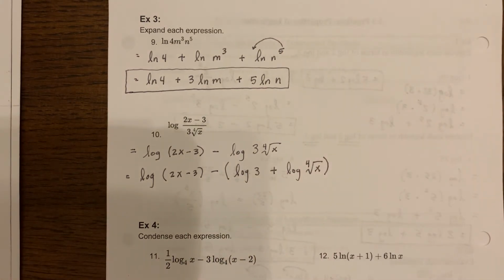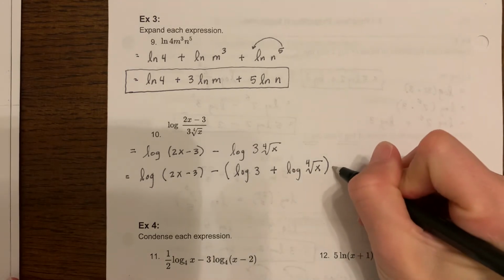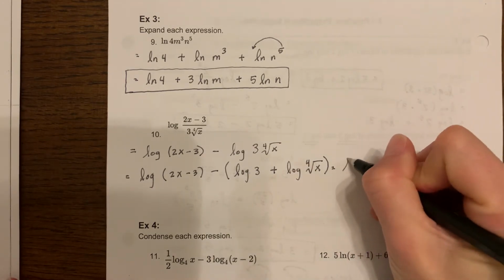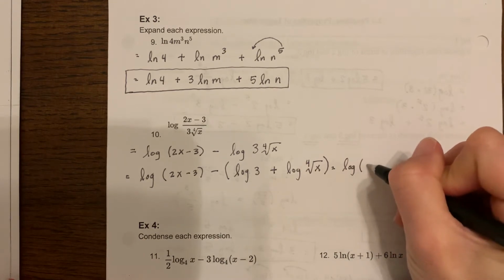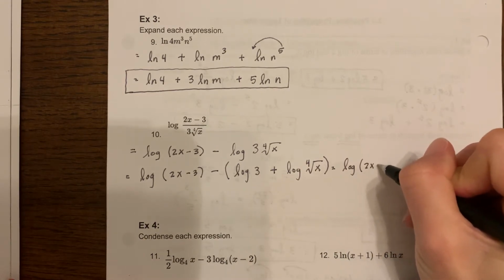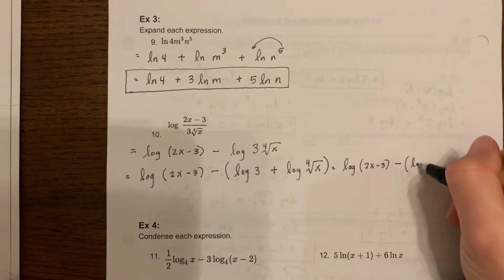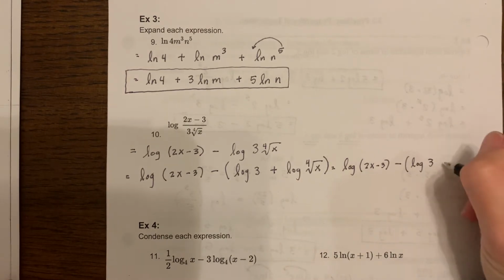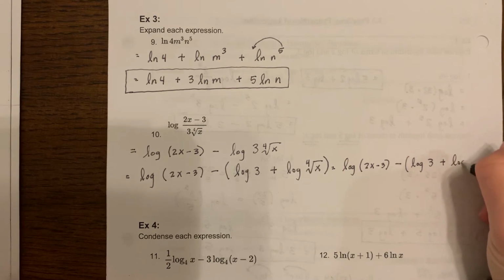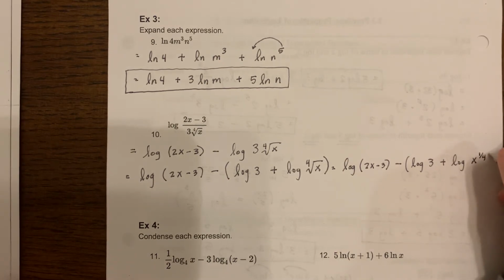Now, I cannot have radicals within logs, so I'm going to rewrite the fourth root of x as x to the 1/4 power. So this is the log of 2x minus 3 minus, and I have log 3 plus log x to the 1/4 power.